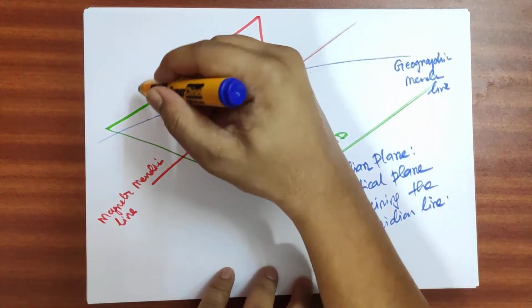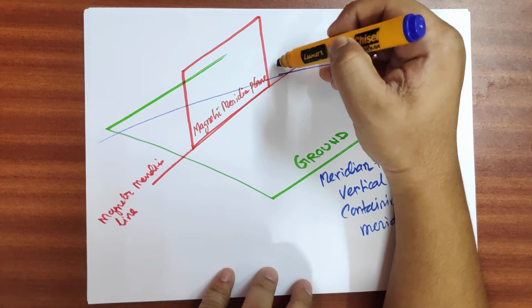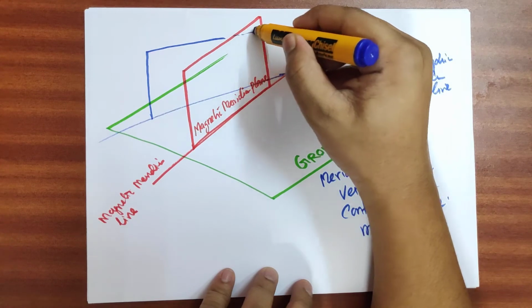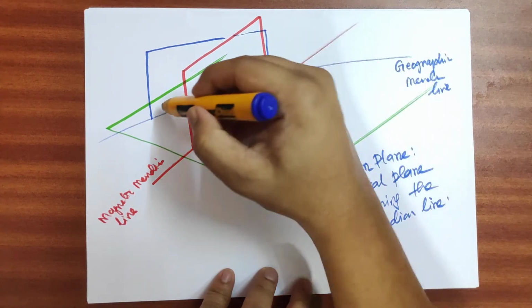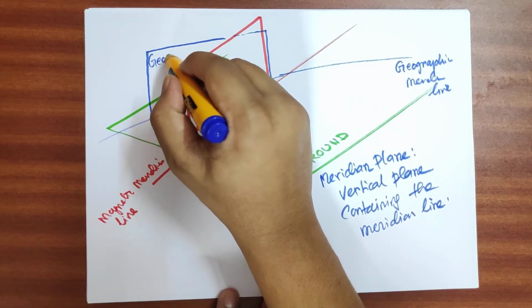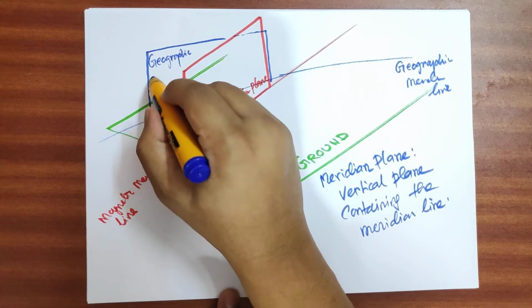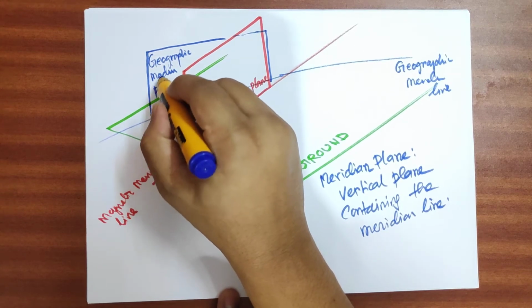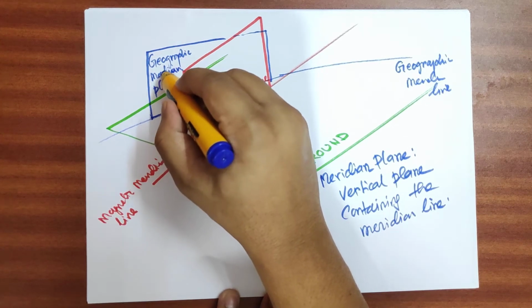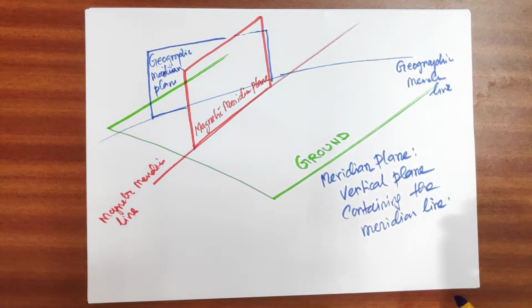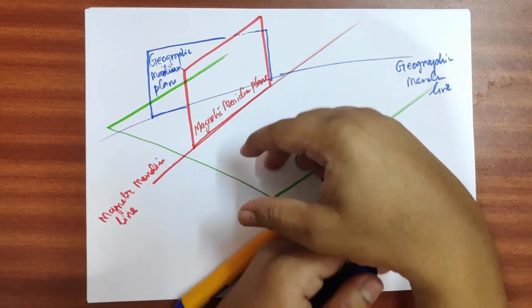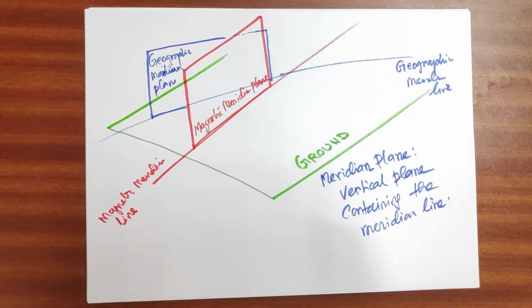And this other vertical plane is the geographic meridian plane. Okay, this handwriting is not good, but just understand this.